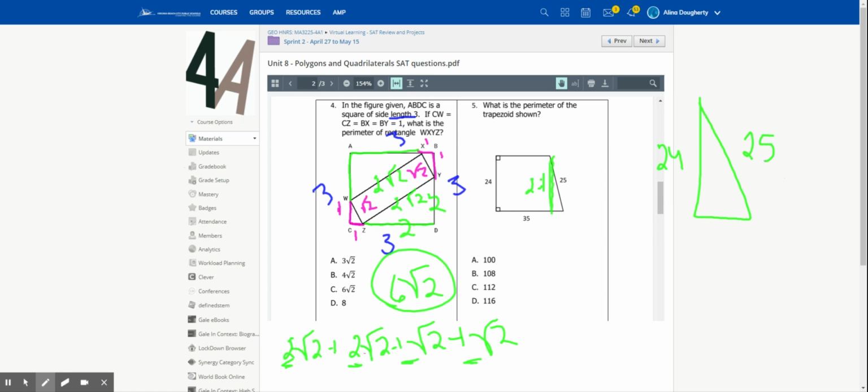If you know what it is, you know what A is, and it's super fast. If you're not sure, then you've got to do 24 squared plus A squared equals 25 squared, and then solve that equation. I think you get A equals 7. So if this piece is 7, 35 minus 7 is going to be 28.